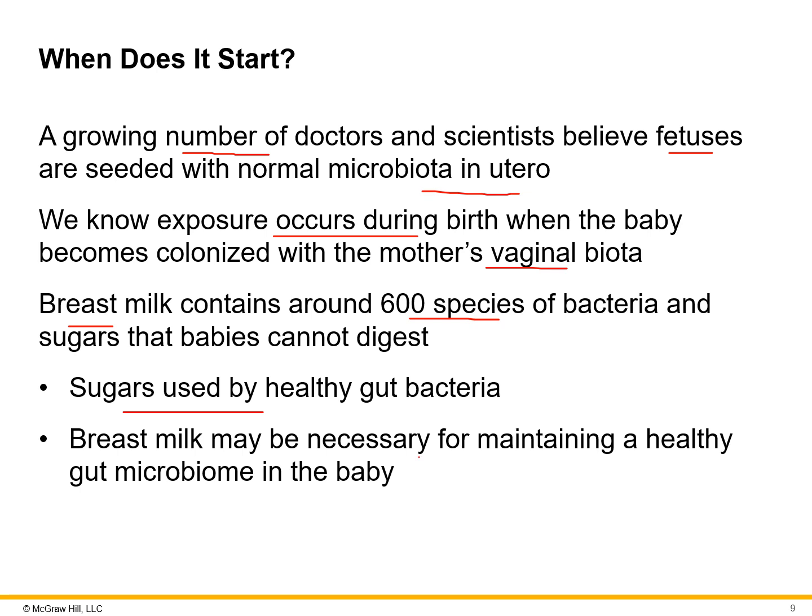So again, that breast milk may be necessary for having that healthy gut biome. So one of the advantages to breast milk over formula is that exposure to good bacteria that can then help with digestion. Now, a lot of formulas contain some probiotics. They have bacterial colonies that are in them to help establish that gut biome.